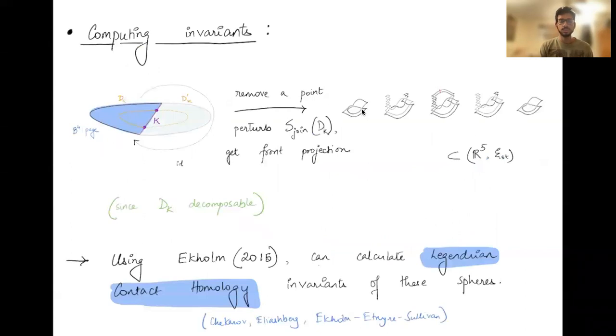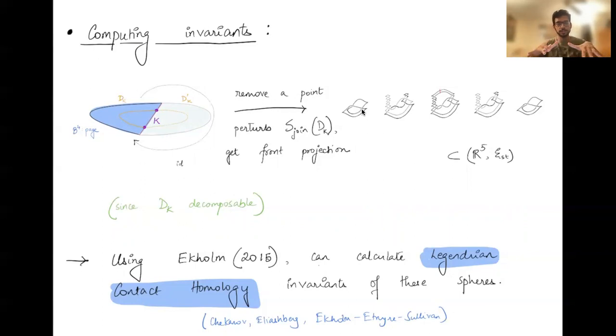So once we get the S join Legendrian, what we can do to help us compute invariants is we can remove a point from the binding, and that allows us to bring it into Euclidean space, R5, and with some perturbation and using the fact that it's a decomposable disk, we can get its front projection for the disk.